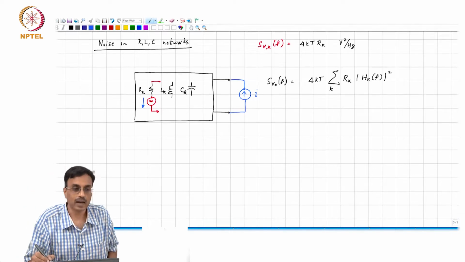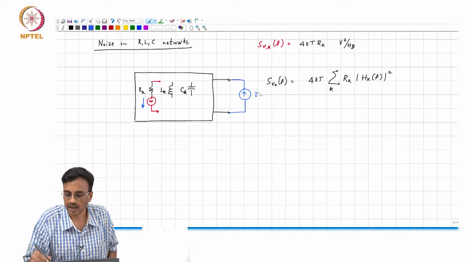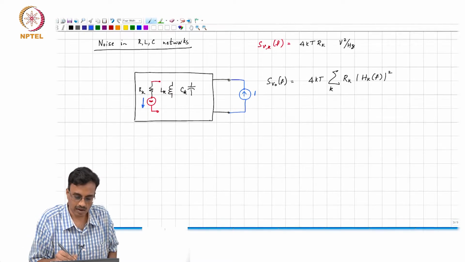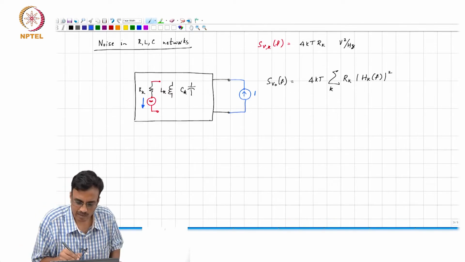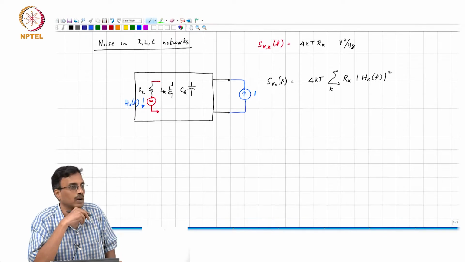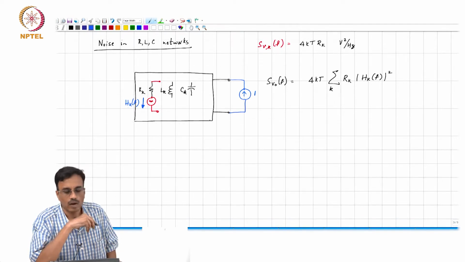Or rather, let us say this is a phasor of angle 0 with magnitude 1. What will be the phasor here? This phasor is simply h sub k of f times 1. Is this clear? Correct? Alright.